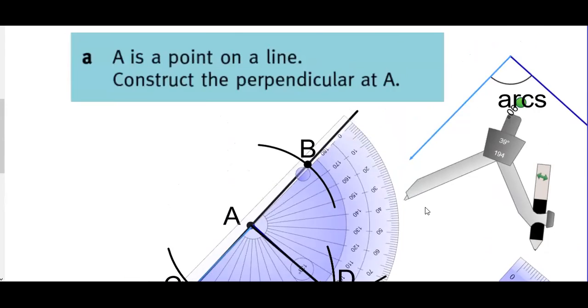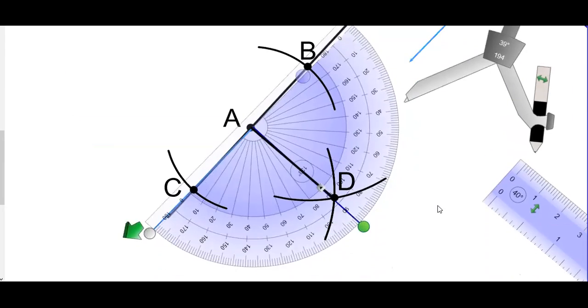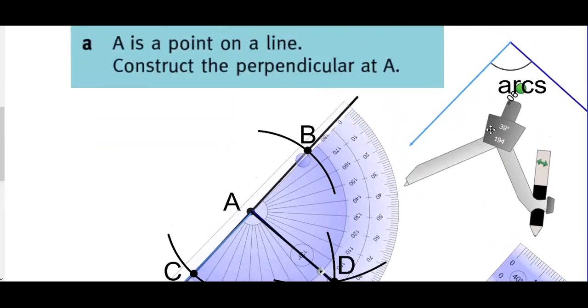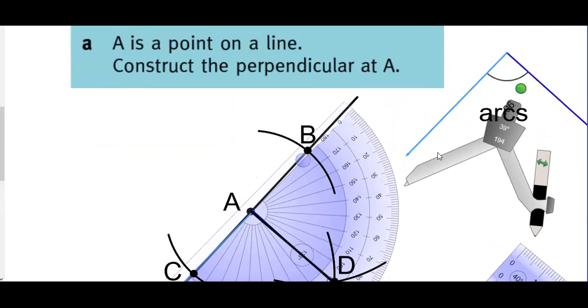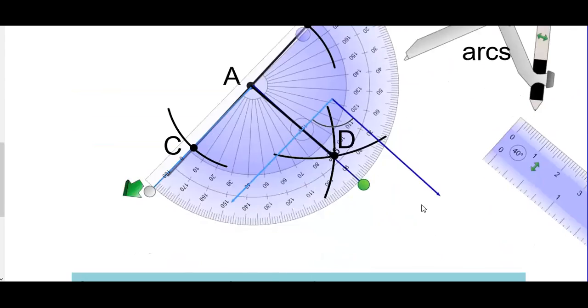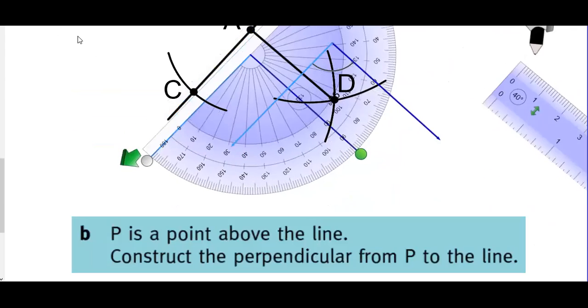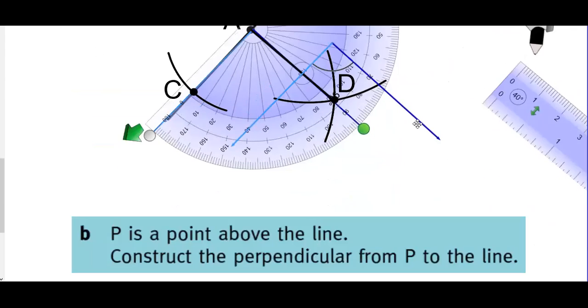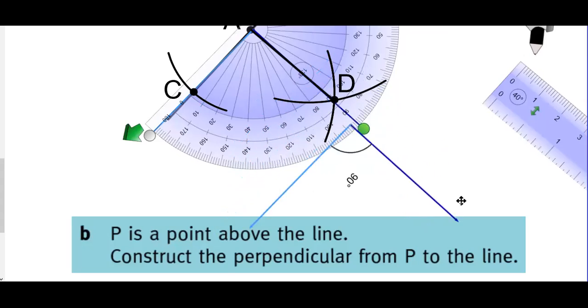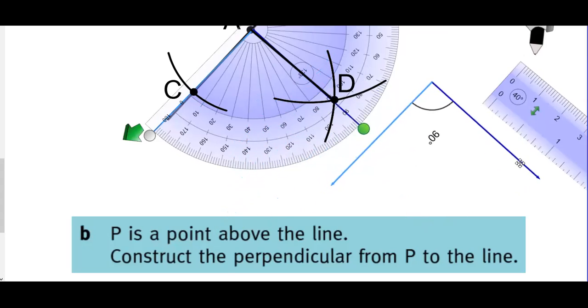Okay? Right. Now, this is what I was talking about. If you try to measure the size of that angle we have drawn, if you go ahead measuring, this angle is 90 degrees.